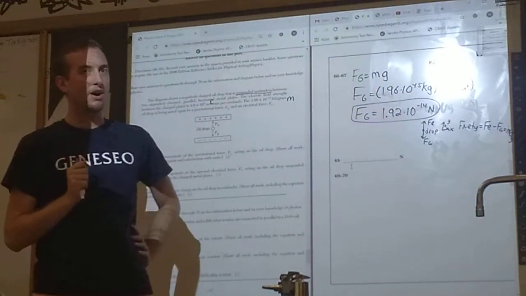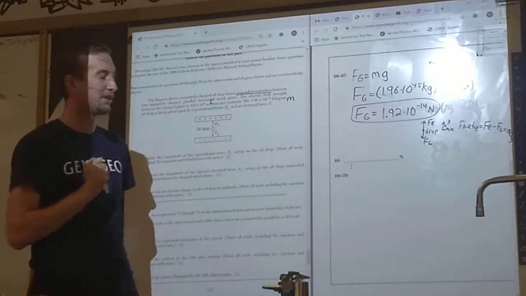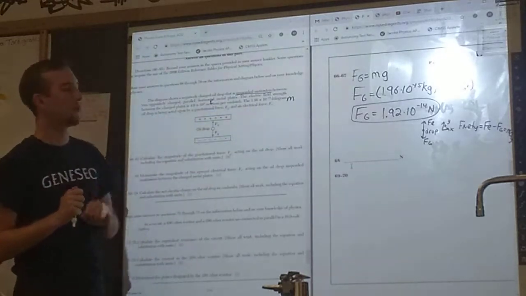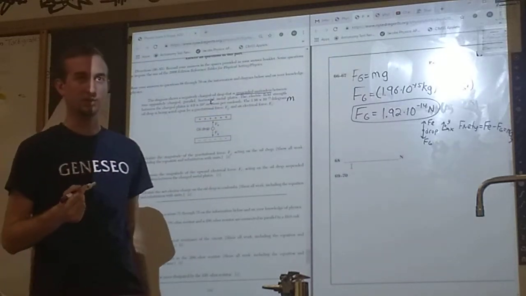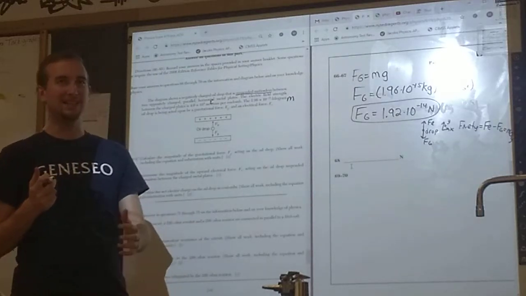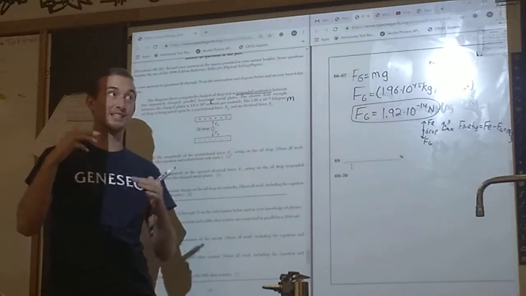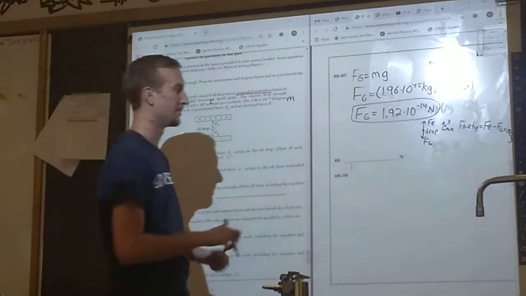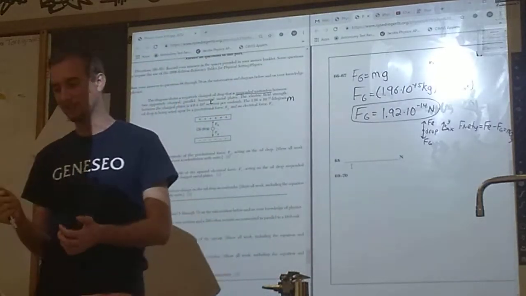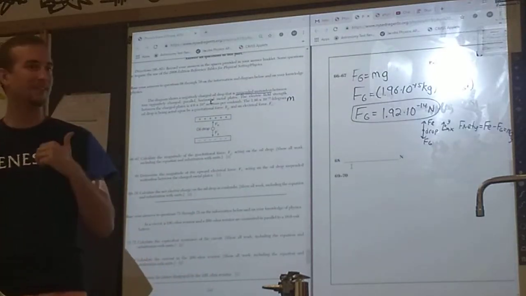Now, how do we know anything about the acceleration? Well, we're told that the oil drop is suspended motionless. If it was motionless for an instant in time, then I wouldn't be able to say this, but if it's suspended motionless, it implies it's staying motionless over a period of time. And if it's staying motionless, that means the velocity stays at 0, that means it's not accelerating.